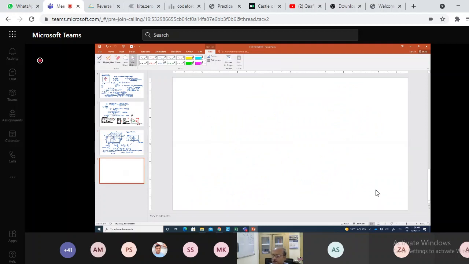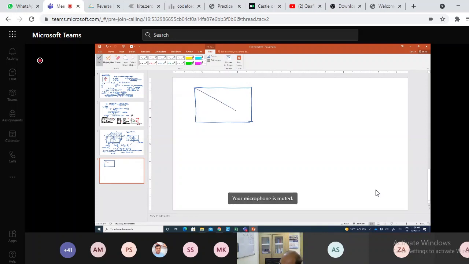Now let us draw another figure here, and let us say that this is our limiting case. So for this we have VH, and this is V0.